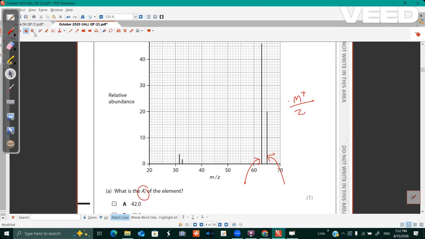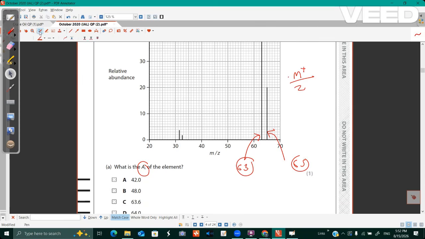So here when you look closely, this one is 63, and the other one is 65. The AR means isotopic mass multiplied by relative abundance.